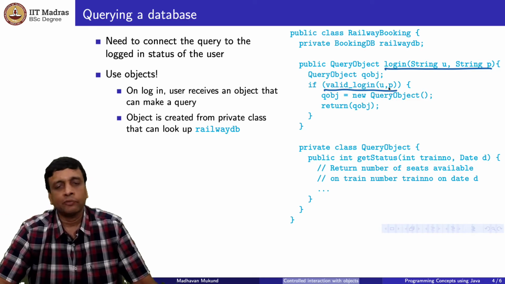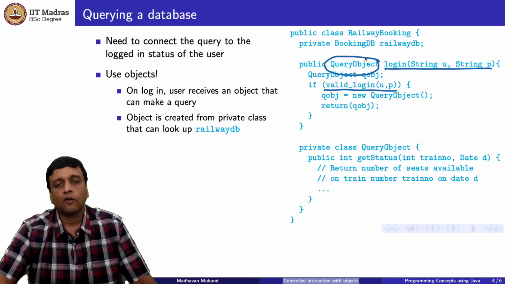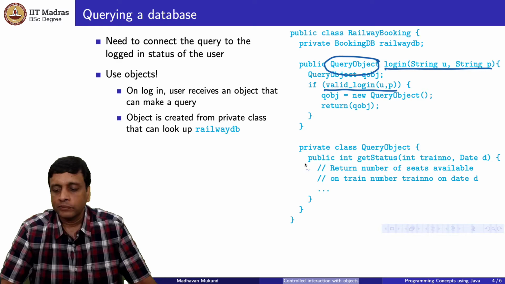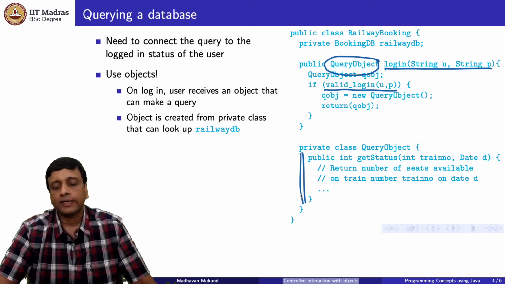So there is some abstract way of validating it. And now if this is the case, then we will return an object of type query object. So the user does not directly query, the user gets back something through which he or she can query. The user gets back a query object, and the query object contains inside it this get status.